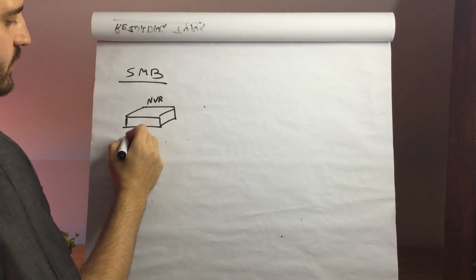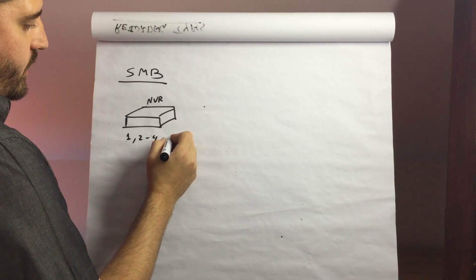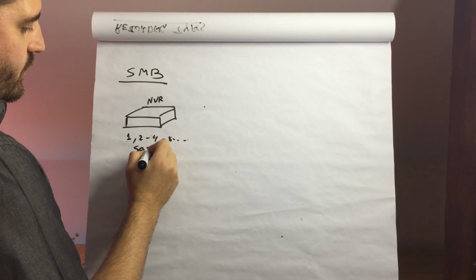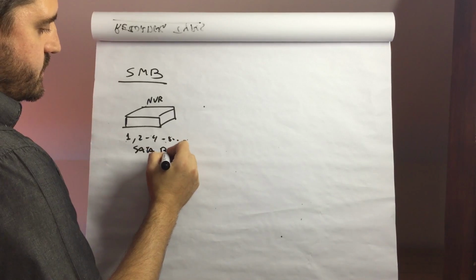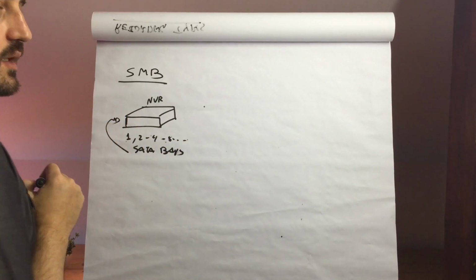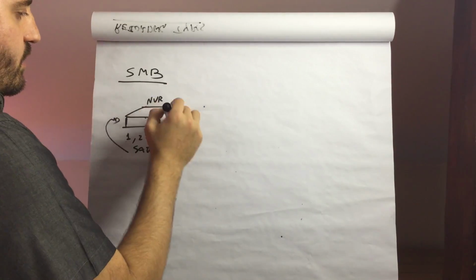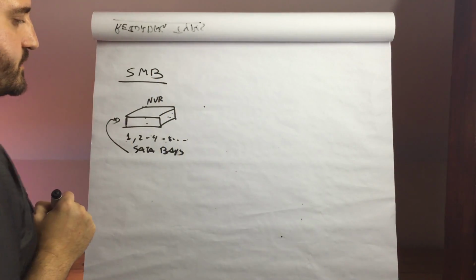So we have 1, 2, 4, 8 SATA ports, SATA based, here inside the NVR itself. So you plug the hard drives inside and it will record locally here in the NVR.